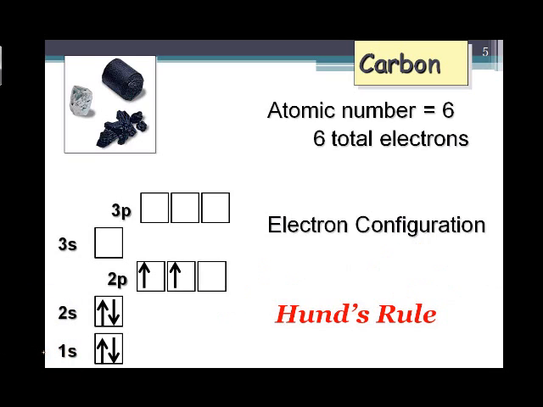Therefore, our electron configuration is 1s2, 2s2, 2p2, because there are 2 electrons in the 2p sublevel.